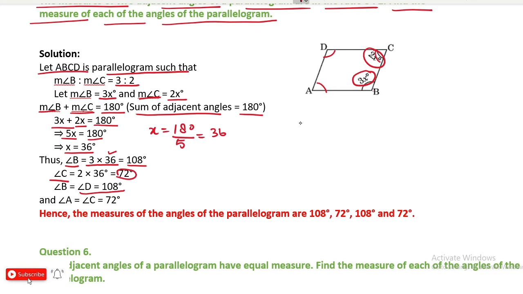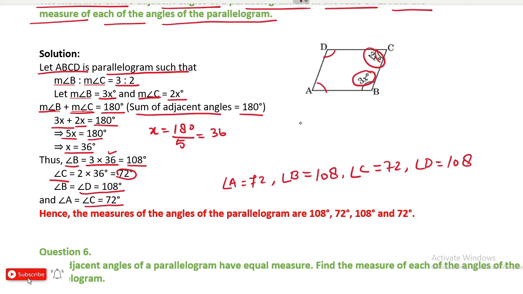Next, the value of angle A is equal to the value of angle C, and the value of angle C is 72. That means the value of angle A is 72, the value of angle B is 108, and the value of angle C is 72, and the value of angle D is 108.